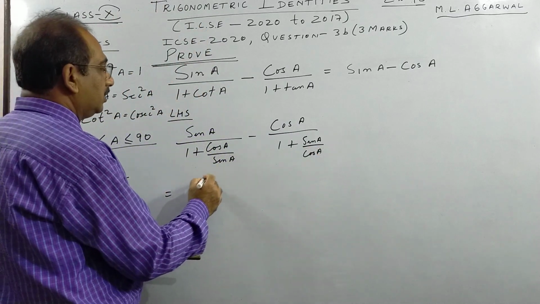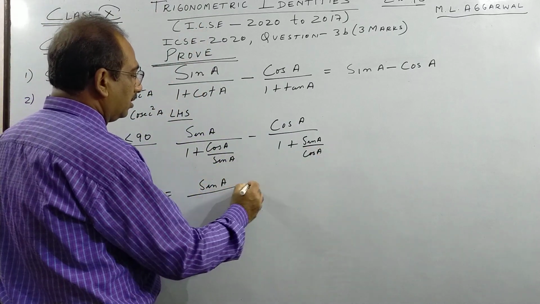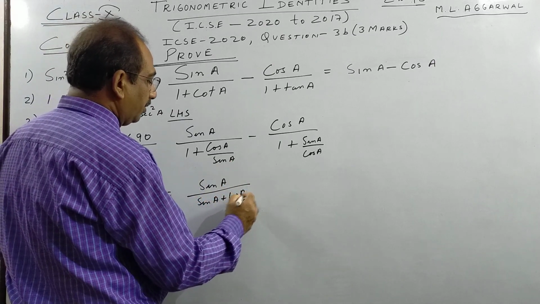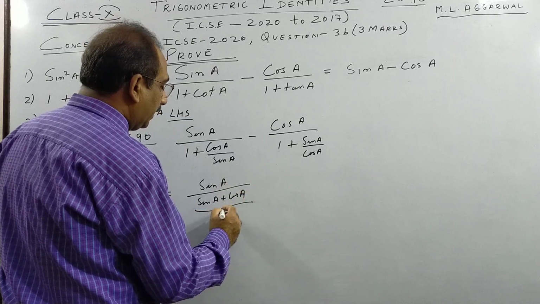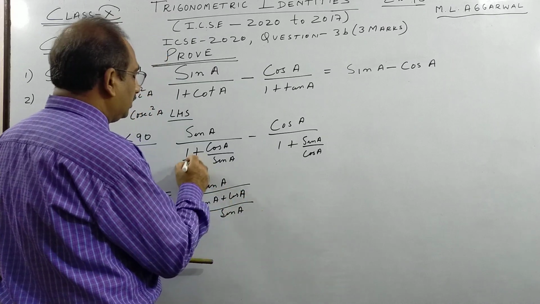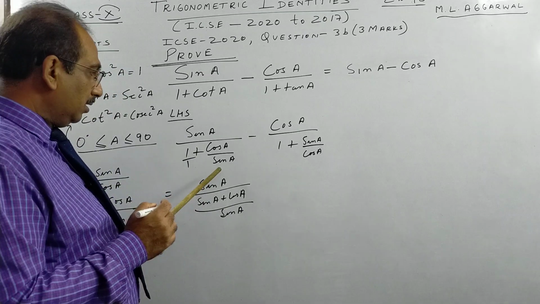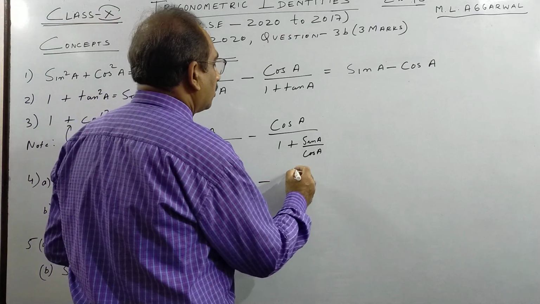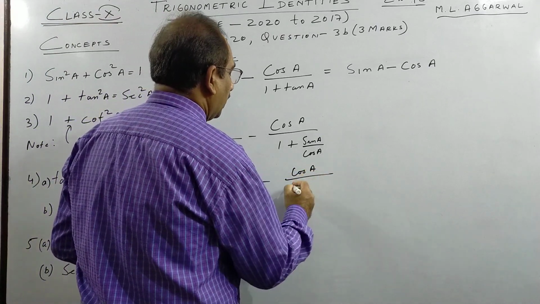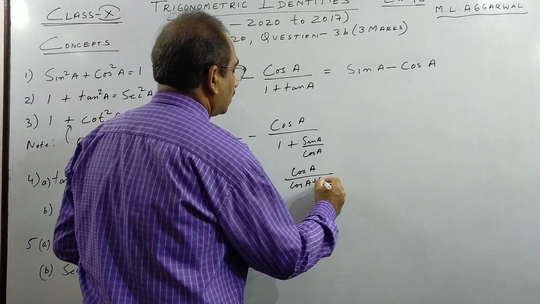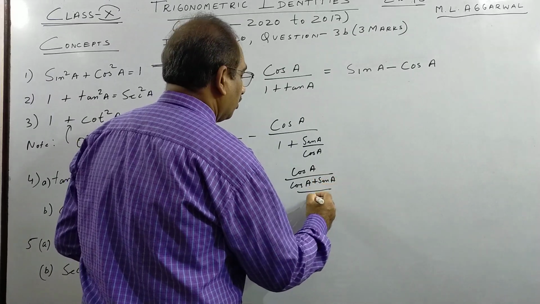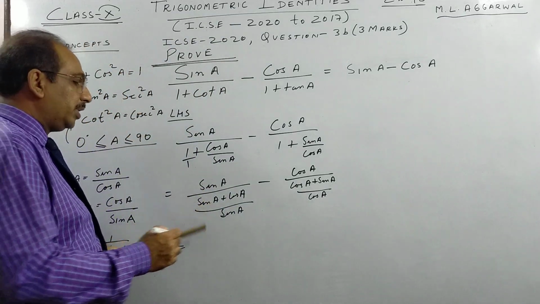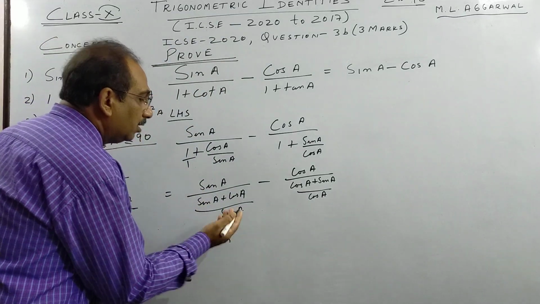So next, what happens? In the denominator we take the LCM. Sine A plus cos A becomes, when you take sine A as LCM, 1 here, and sine A is sine A. This will be multiplied here, and here we will get cos A by cos A plus sine A by cos A. If you know in division, children, the denominator becomes the numerator.